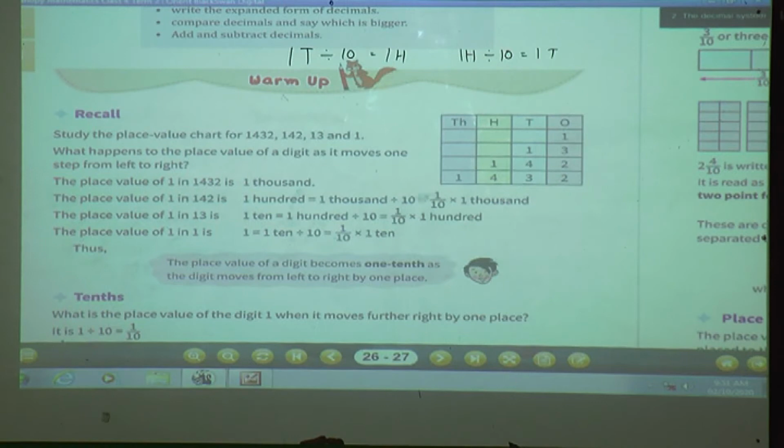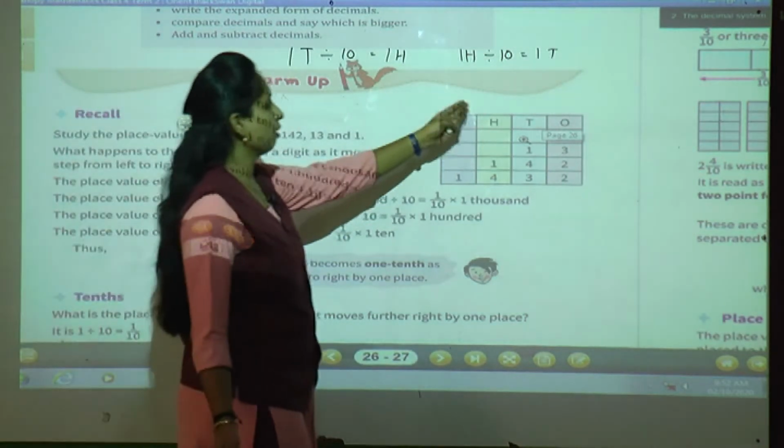So 100 is equal to 1000 divided by 10, that is 1 upon 10 multiplied by 1000. As it moves from left to right, from 1000 to 100, 100 to tens, tens to ones, the place value of the digit becomes 1/10.